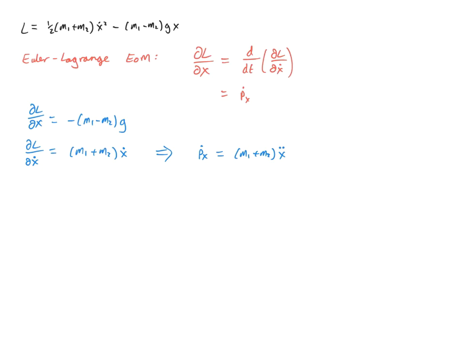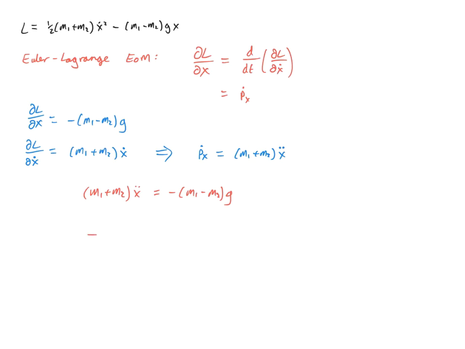So plugging into the Euler-Lagrange equation of motion, we have m1 plus m2 times x double dot is minus m1 minus m2 times g.